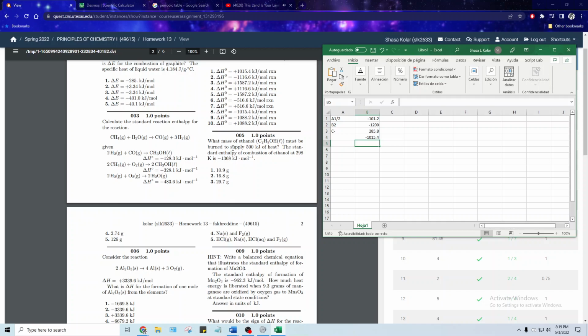Remember that. Anyway, what mass of ethanol must be burned to supply 500 kilojoules? Okay, so when we burn a mole of ethanol, we get this much heat. We want this much heat. So all we need to do is divide how much heat we get by how much heat we want.